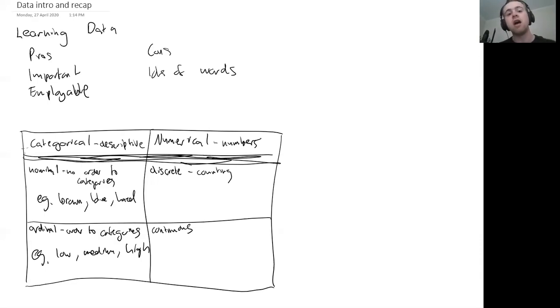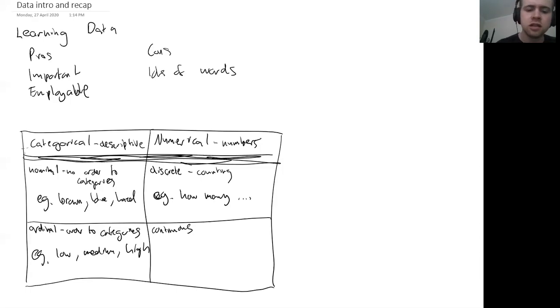There are only certain values that you can have when you're counting. When you're counting how many objects you have, you can't have fractions of those objects. You're just going up by whole numbers. An example would be how many of whatever. That's an example of discrete data.